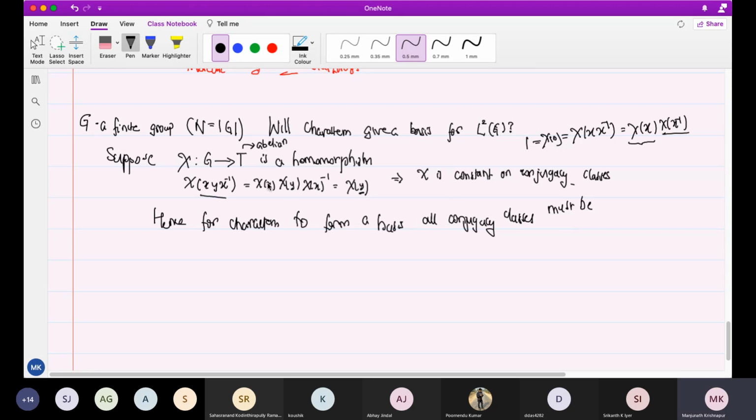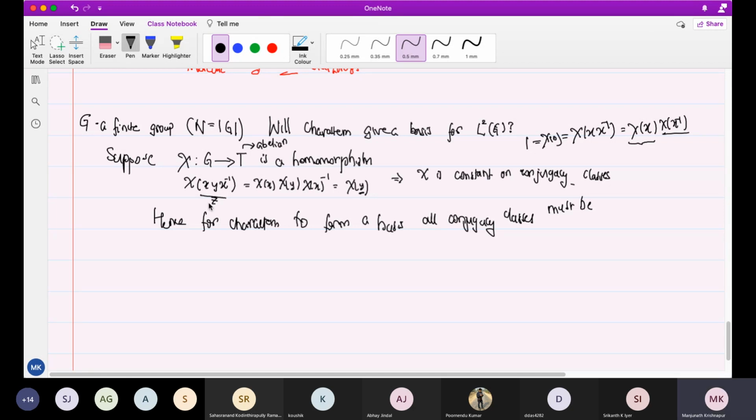Therefore, and this is abelian, that's what I use, this can cancel this. If it was not abelian, of course, we can't say anything. But it's abelian, therefore I cancel this with this and got chi of 1. So in L2 of G, if z and y are two distinct elements, there is always a function which has a different value at z and y.